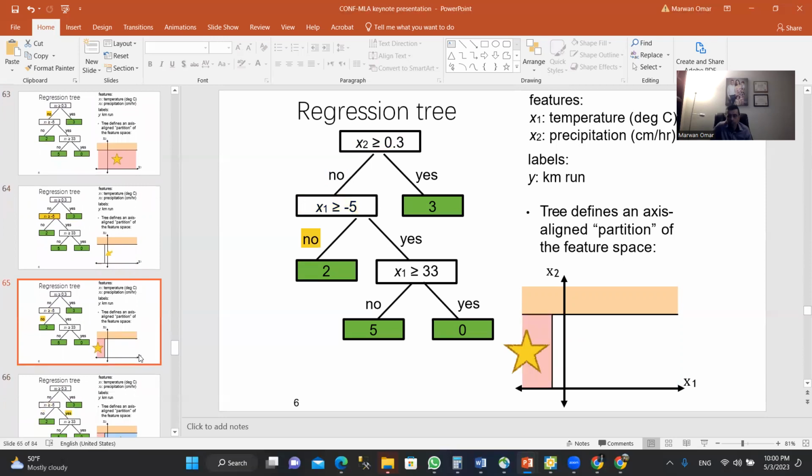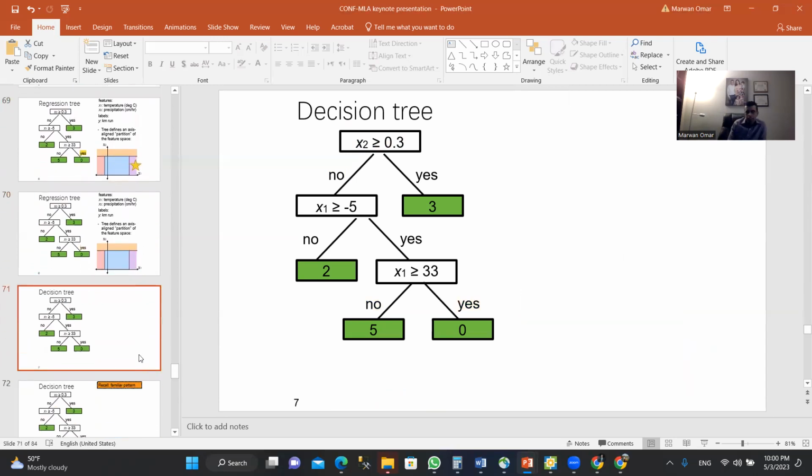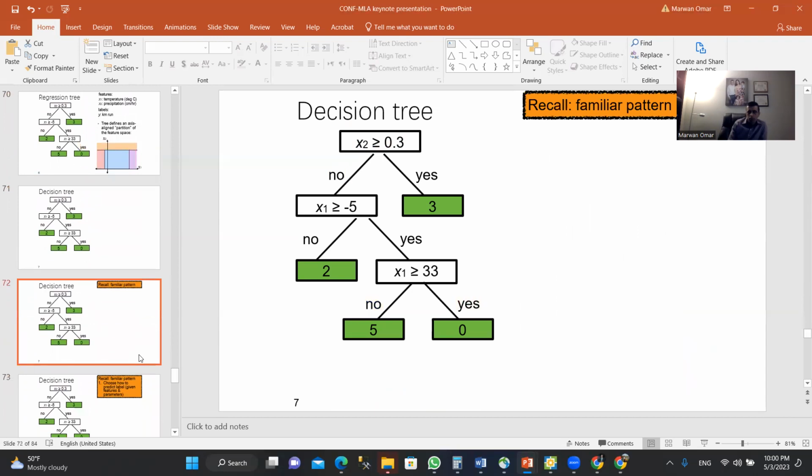That's where the feature space will be. Otherwise, the feature space will be near X1. And if the answer is yes, then you will ask another question. If X1 is greater than or equal to 33. If the answer is no, so that's where the star is, the feature space. Otherwise, if the answer is yes, then again, that person will not run for any kilometers whatsoever.